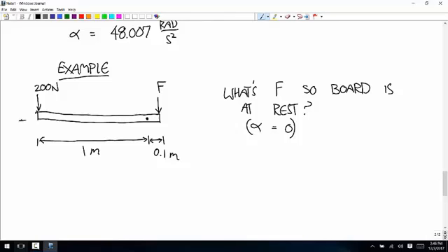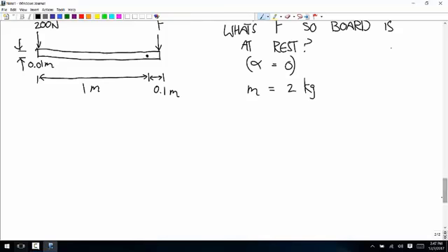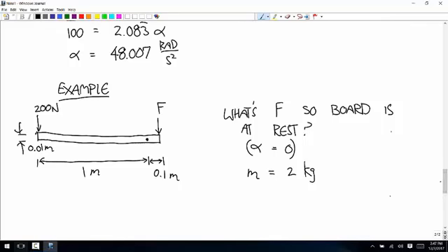Well, we have a length here. Let's say the length here is 0.01 meters, 1 centimeter thick. And let's say the mass of the board is 2 kilograms. And let's think of this as like a side view.